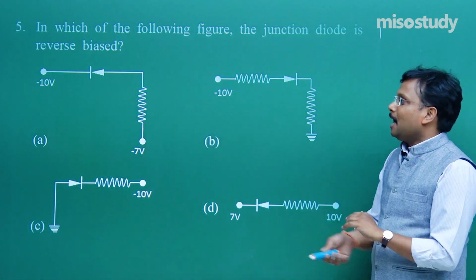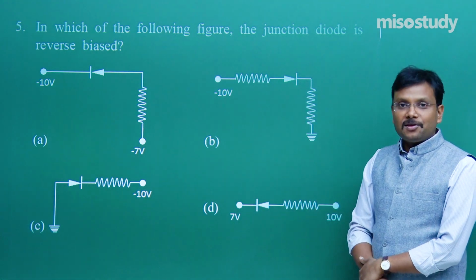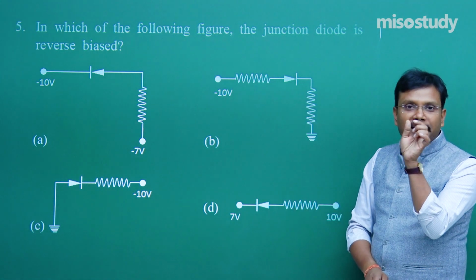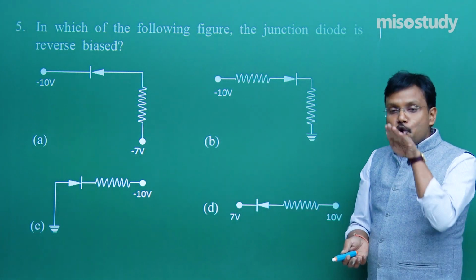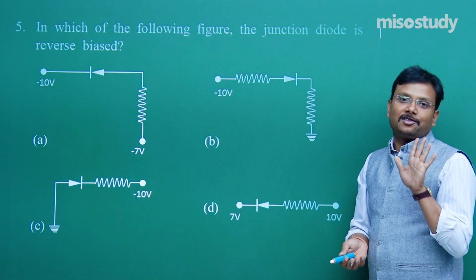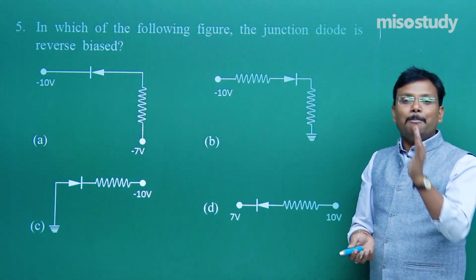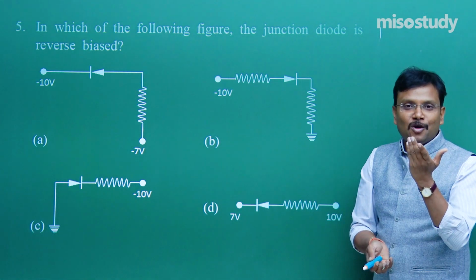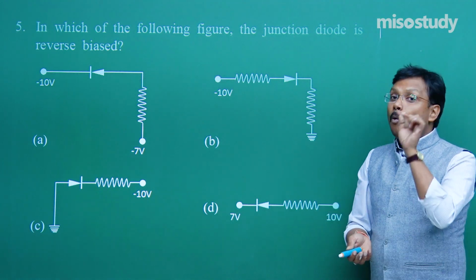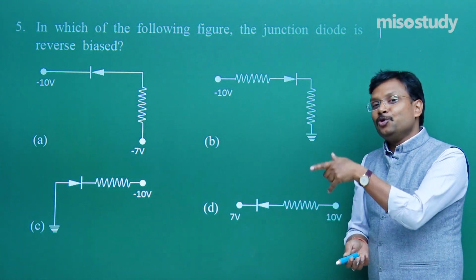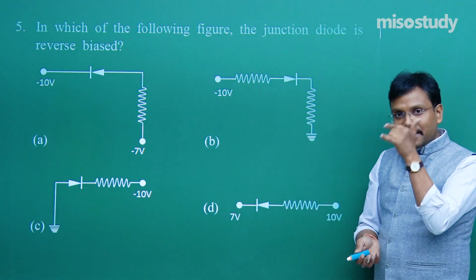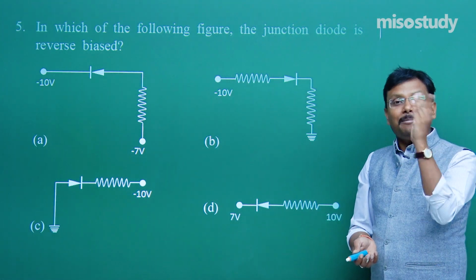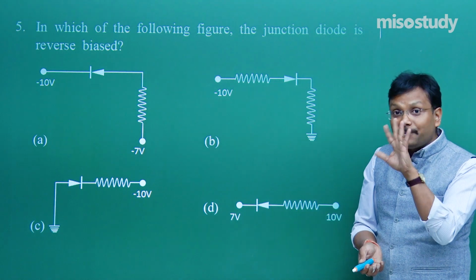I am repeating, reverse biasing means the P type end should be connected to lower potential, for example -10, -20, which one is lower? -20. Then +1, -1, -3, -7, something like that.